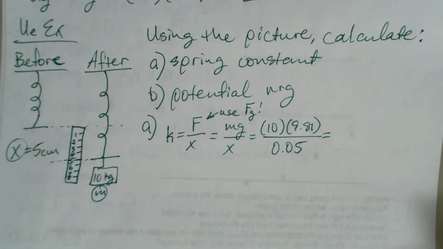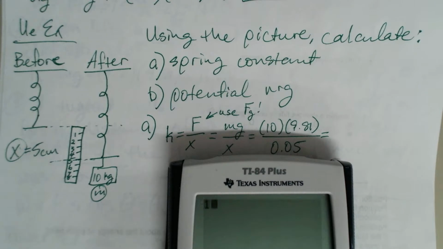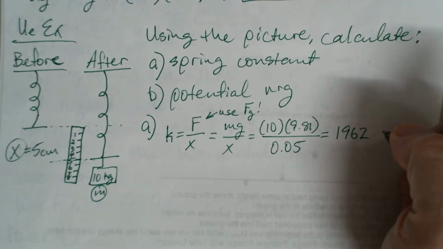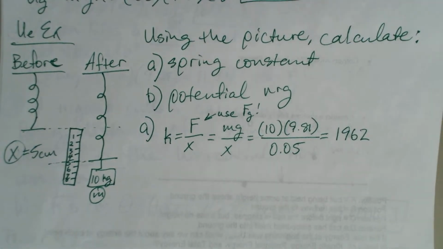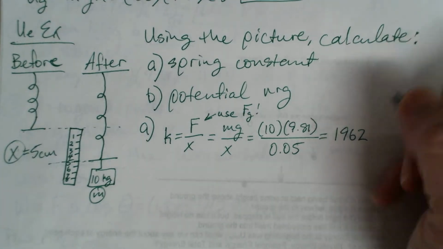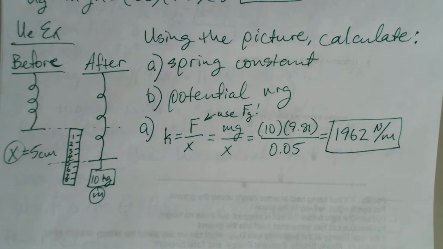Then we just plug that in our calculator: 10 times 9.81 divided by 0.05. And I get 1962. Oh, I forgot to tell you the units for the spring constant. Because F is measured in newtons and x is measured in meters, this is newtons per meter. That's literally the unit you use. It doesn't have something special like a joule.